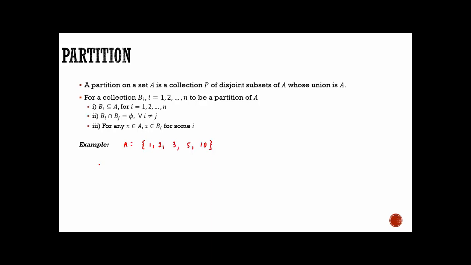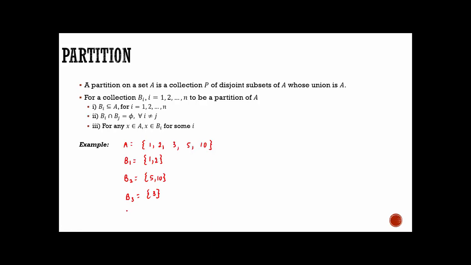And I'm going to start listing some of the partitions. So B1 is going to be 1, 2. B2 can be 5 and 10. B3 could be 3.